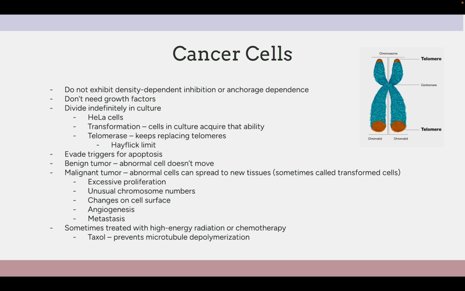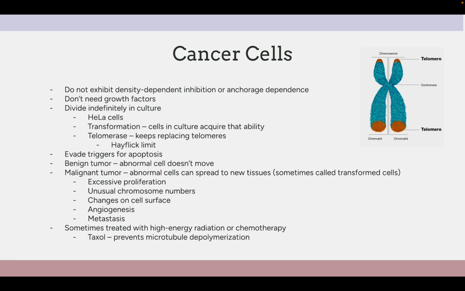If you actually look at these cancer cells under a microscope, you can tell the difference because the nuclei usually look strange compared to a normal cell's nuclei. And angiogenesis is basically when they make blood vessels grow towards them so they can get more resources to grow. And then metastasis is when cancer cells move.